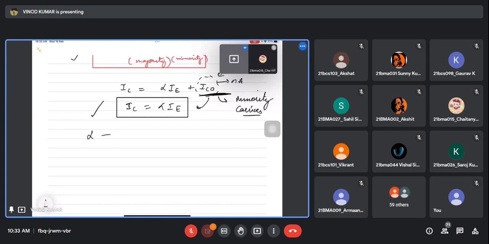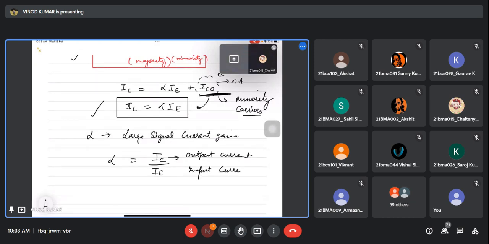So this alpha is the large signal current gain, because alpha is nothing but IC by IE. This is the output current and this is the input current. So gain is nothing but output by input always.